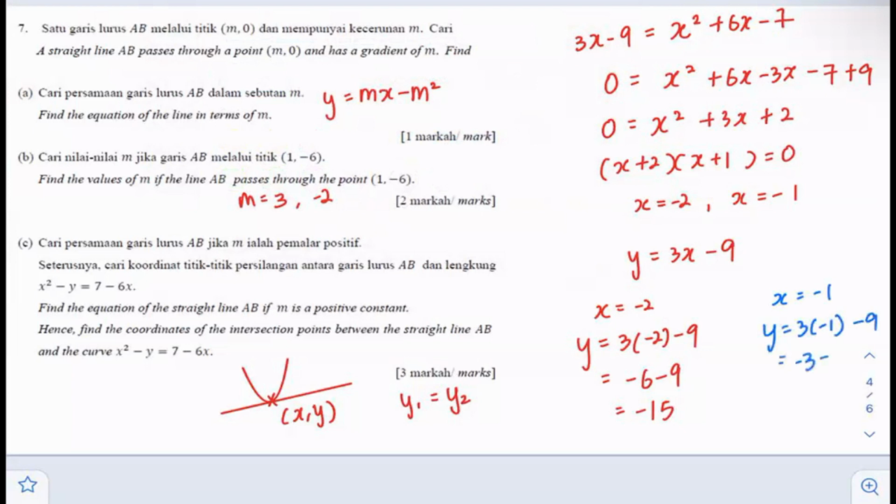So negative 3 minus 9, we have negative 12. So this point will be (-2, -15) and this point is (-1, -12). They fulfill the requirement of the curve intersecting with the straight line. So these are the answers.